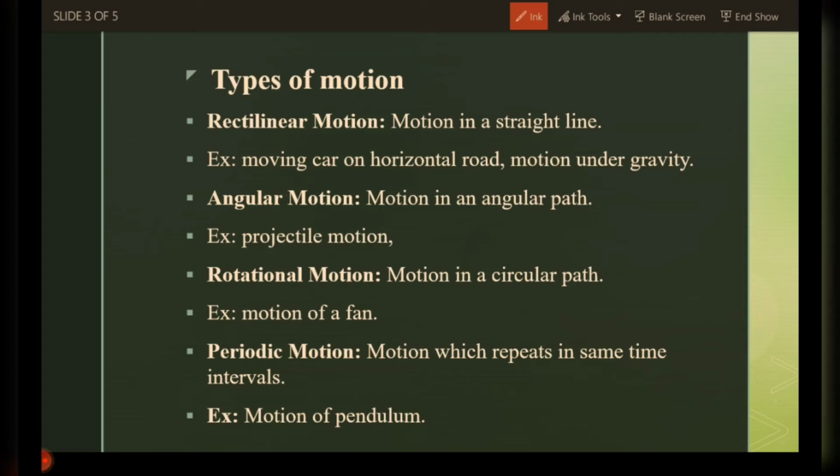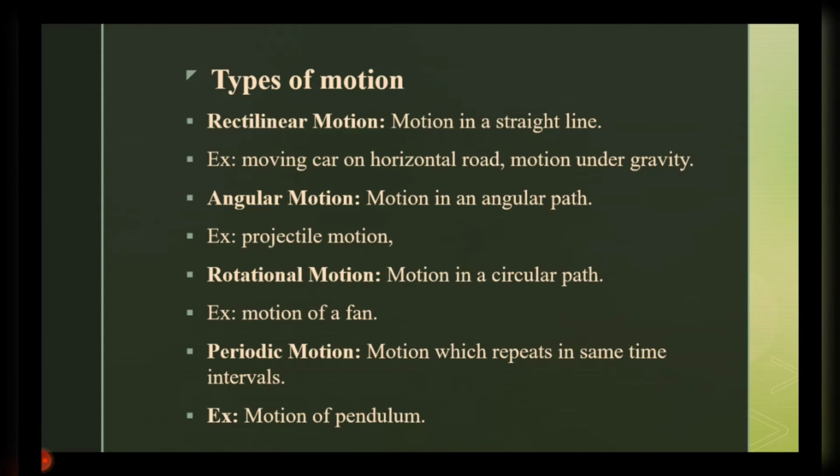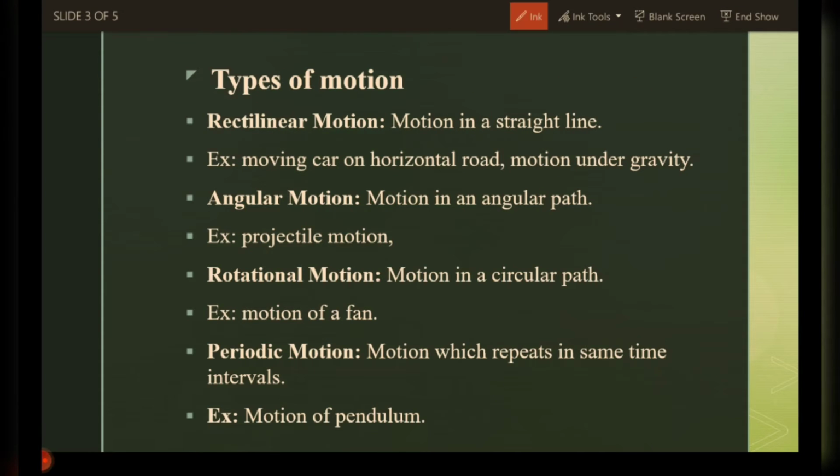The second one is angular motion. Motion in an angular path is called angular motion. In the sense, anything which makes an angle here, hence it is called angular motion.